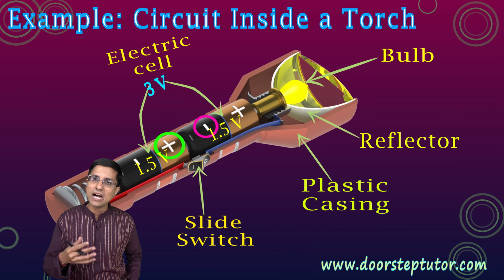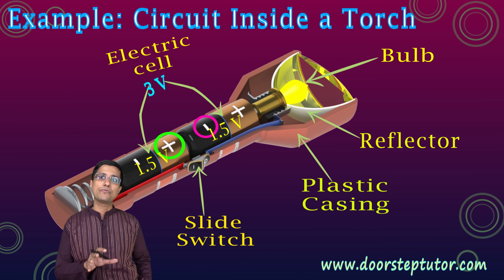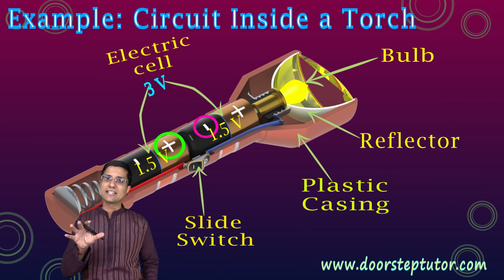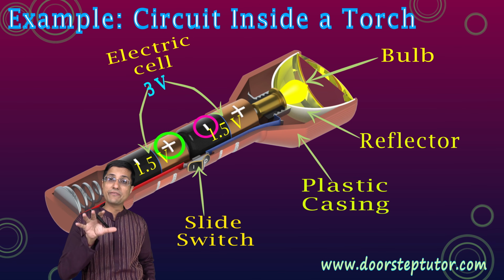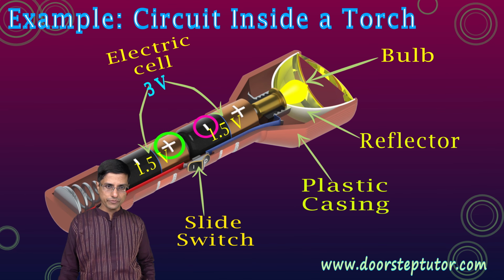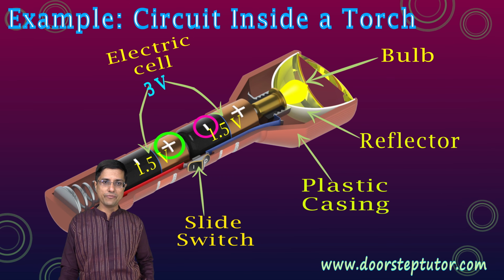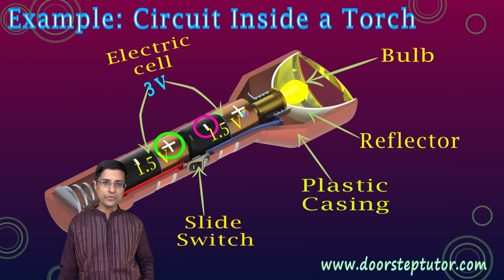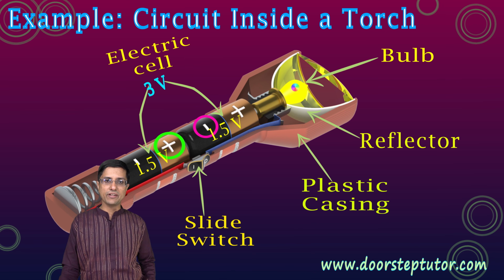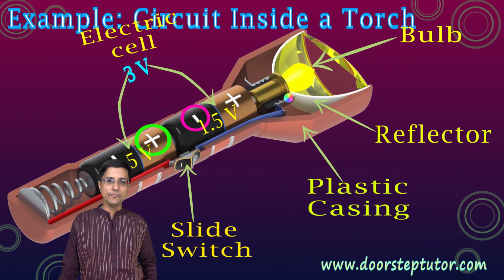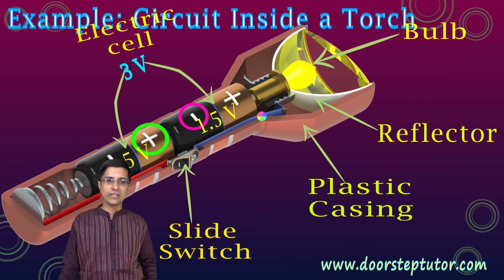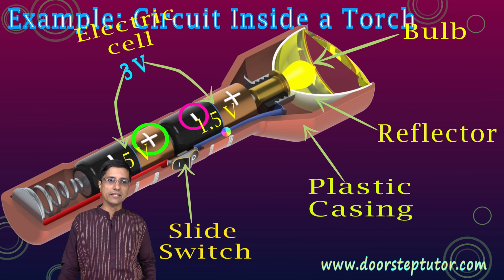Now let's try to see how the electricity would flow inside this torch when it is on. The traditional electric current would start flowing from the anode. Then it would go inside the filament, come out on the other side and travel through the wires.